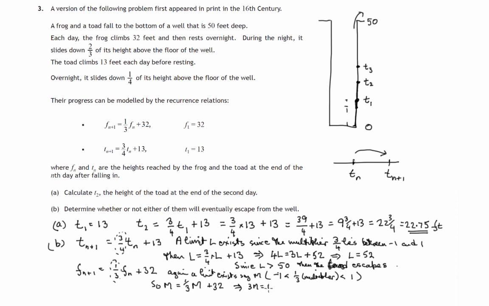So 3M equals M plus 96. Take away M from both sides. 2M equals 96. So in this case, the limit M is 1/2 of 96, which is 48.